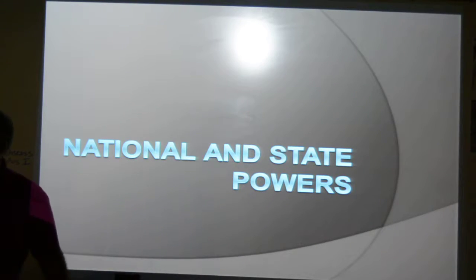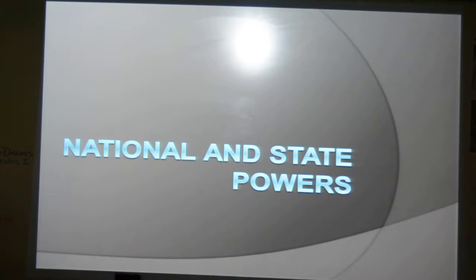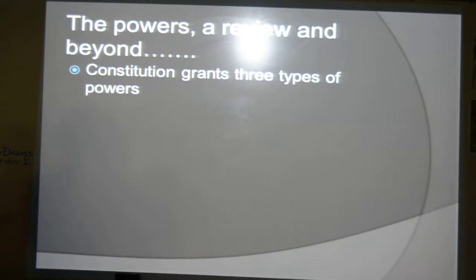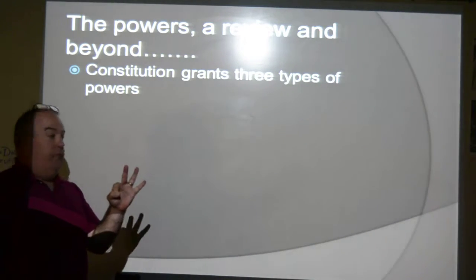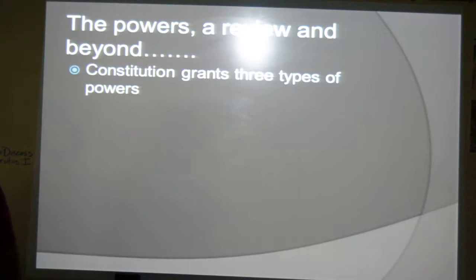The powers. A review and beyond. Now, remember, the Constitution grants 3 types of powers.